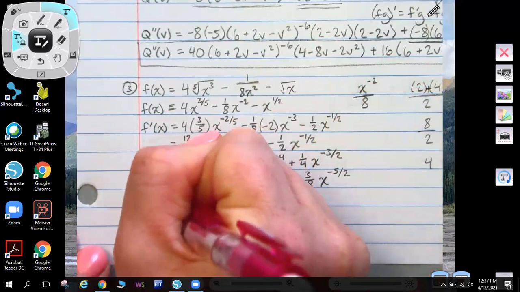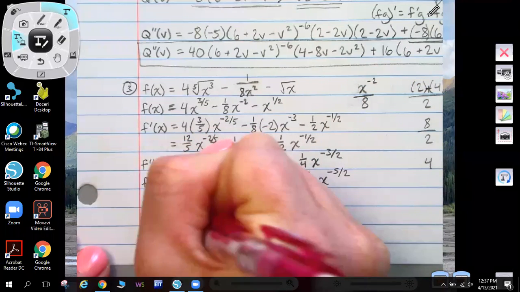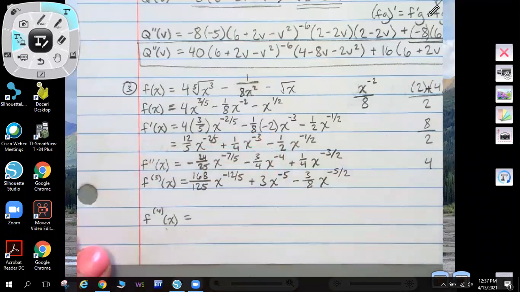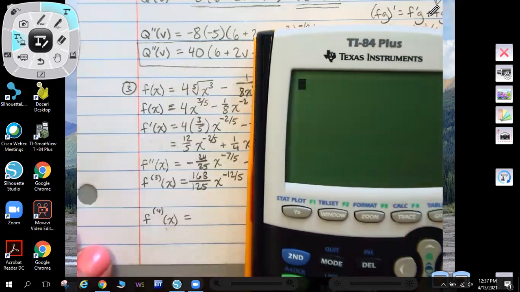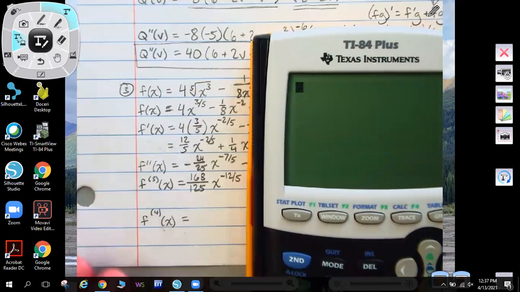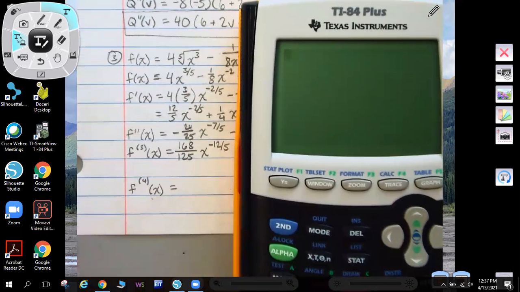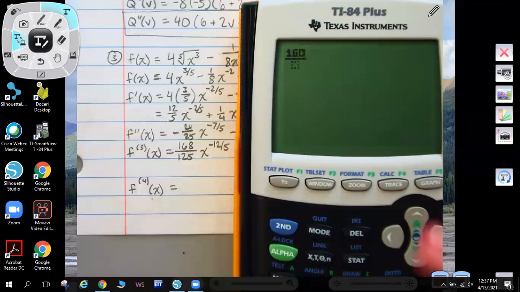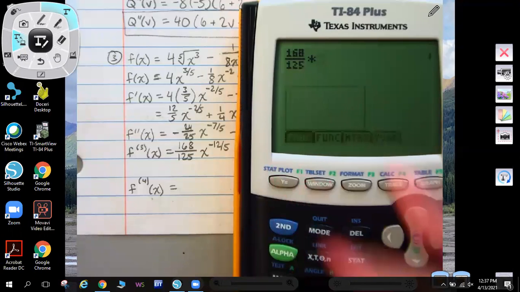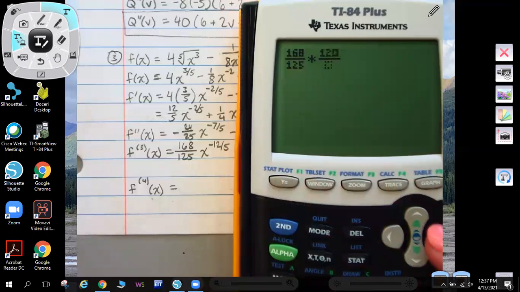One more derivative, sorry. Okay, -12/5 is going to come down and multiply by 168 over 125. So we're going to end up with a negative times 12/5, 2016 over 625.